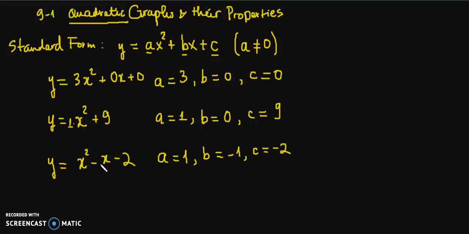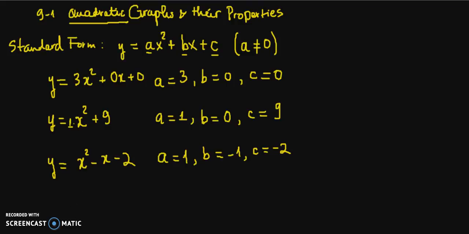Now, a lot of people actually write 1 and 2 here without the minus sign, and this is not correct. You have to account for the sign of the coefficient as well. So here is -1, here is -2. So remember that.